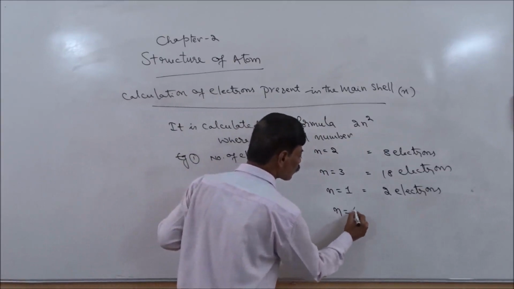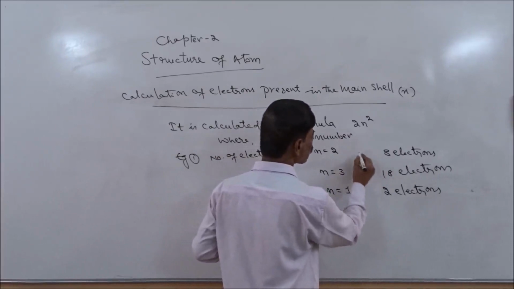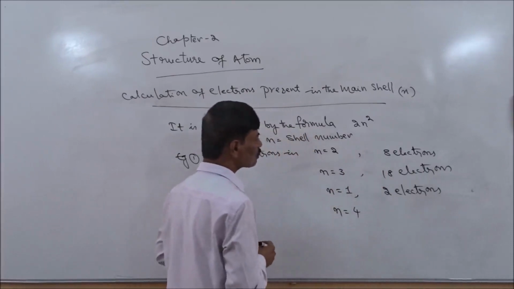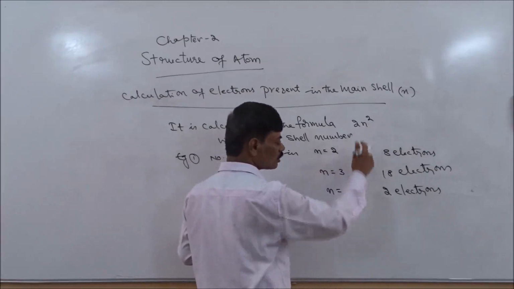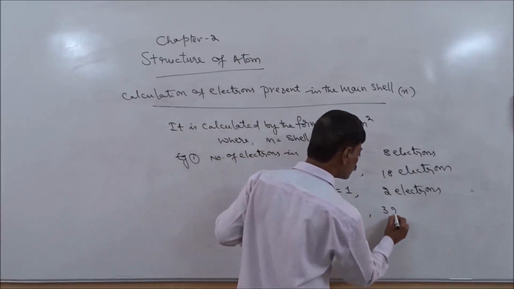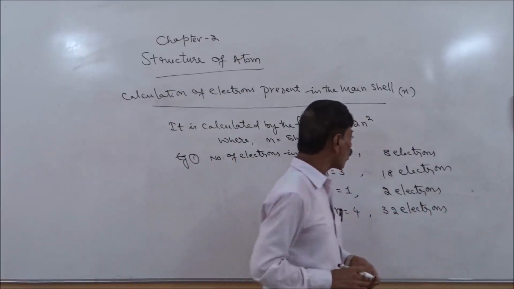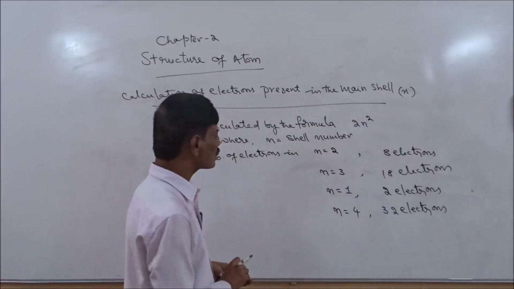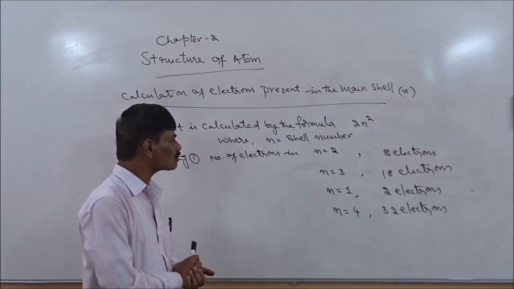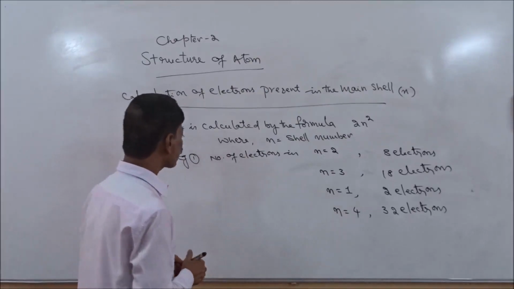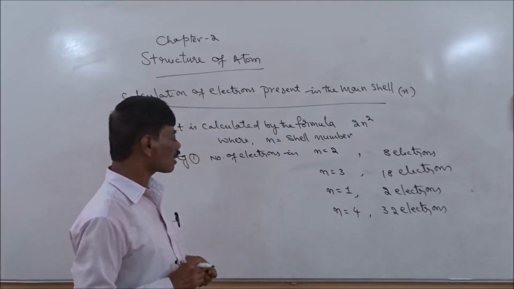If n is equal to 4, then the electrons number is calculated in this way. N value is 4. 4 into 4 16, 16 into 2 32. So 32 electrons can be accommodated in 4th shell or 4th main shell. In that way, the number of electrons that can be accommodated in the case of different principal quantum numbers can be calculated.